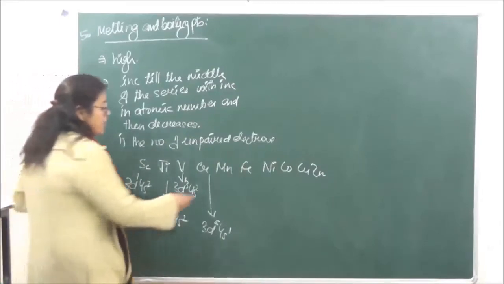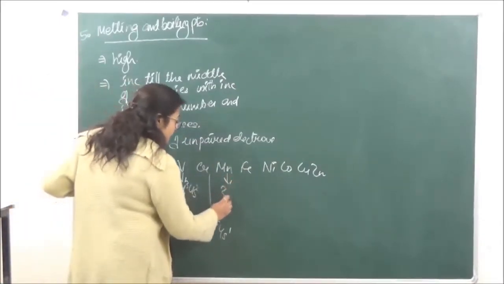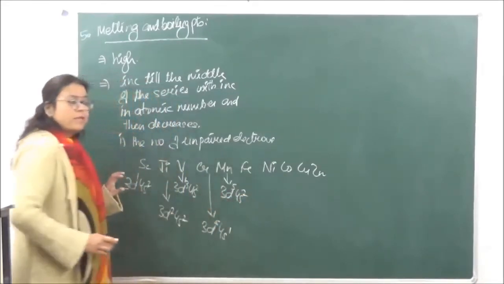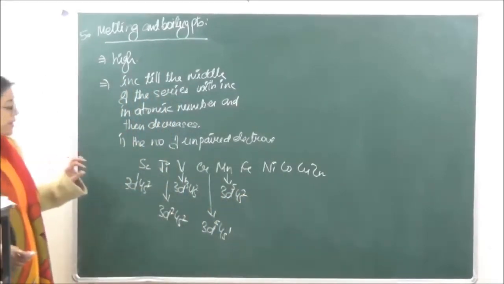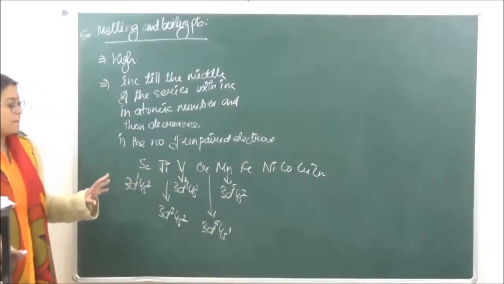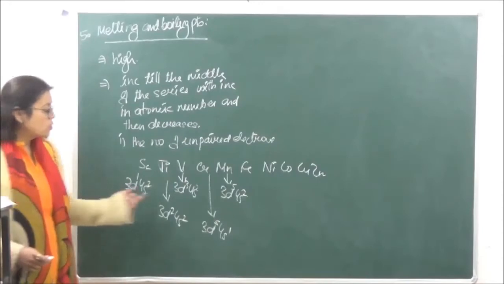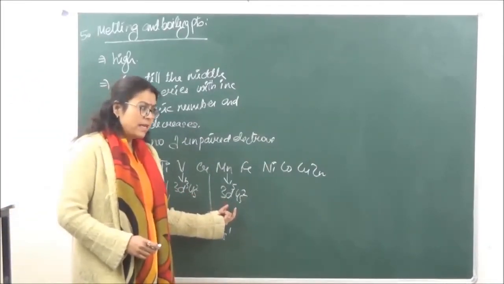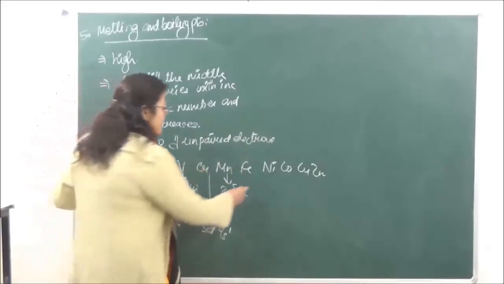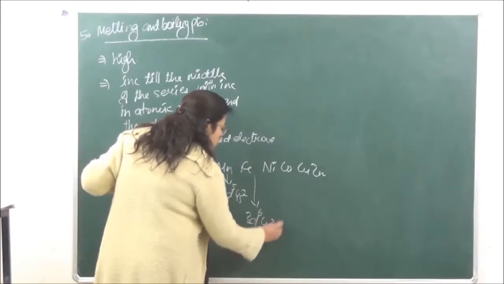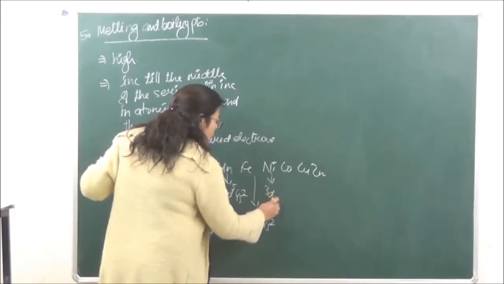और फिर उसके बाद मैंगनीज में जब हम लोग जाते हैं, the electronic configuration now becomes 3d5 4s2. Now over here there is going to be a slight dip in the melting point. That is because of the stable configuration of 3d5. ठीक है, फिर उसके बाद जब हम आयरन में जाएंगे, the number of unpaired electrons will now keep on decreasing.